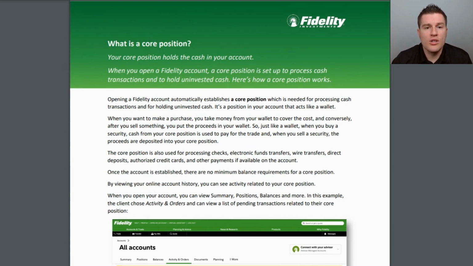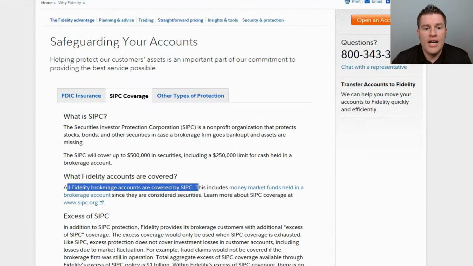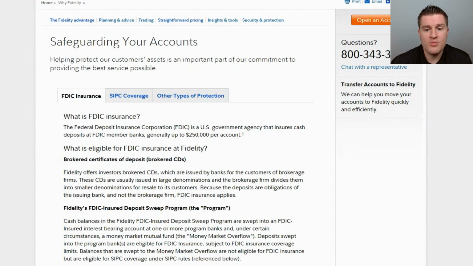And then it gets covered by what's called SIPC coverage. So you might be familiar with the term FDIC coverage, and that's related to the banking industry. So if you come over here, it's basically a government agency that helps banks cover per account.